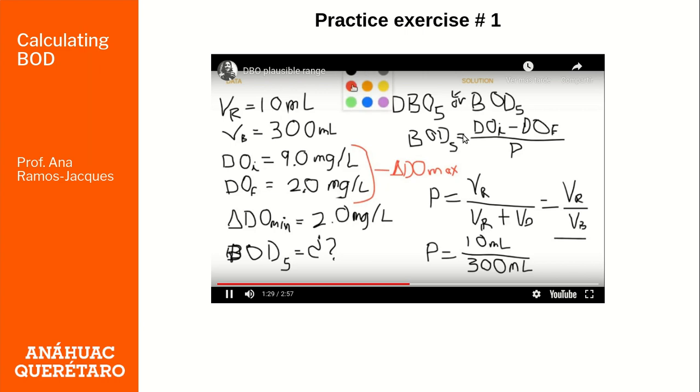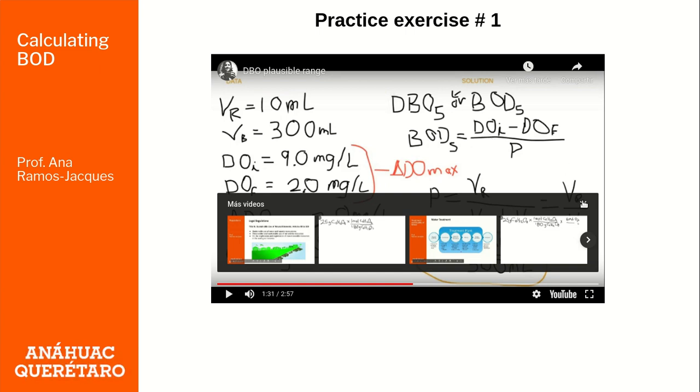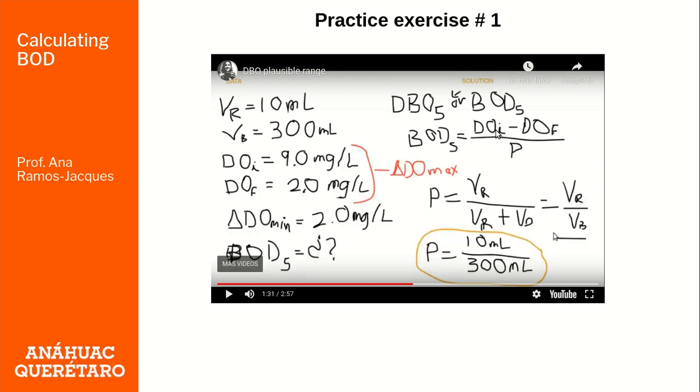Here you have the formula: BOD5 is equal to DO initial minus DO final, divided by the fraction. So here we have the DO initial and the DO final, and this is for the max value.